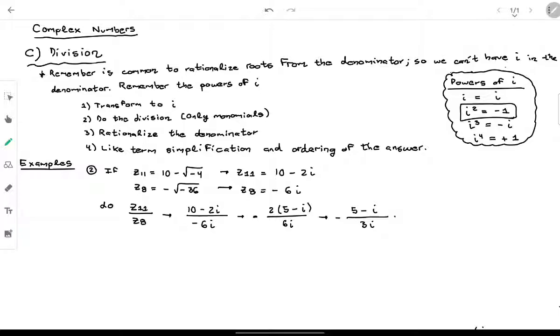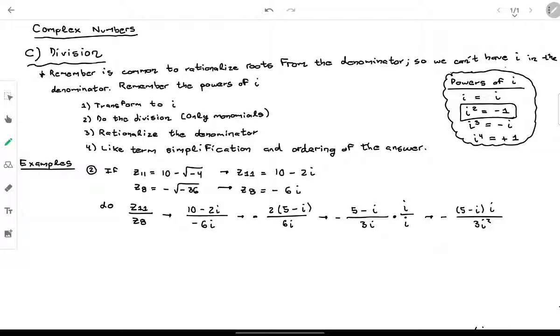So in this case, in order to rationalize, we can multiply by i on the denominator and by i on the numerator. What will happen on the denominator? On the denominator, I will have 3i squared, and then it will be possible to change the i squared for a number, and in that case, we are going to eliminate the i's from the denominator. So what will happen on top? On top, it will be 5 minus i that multiplies i.